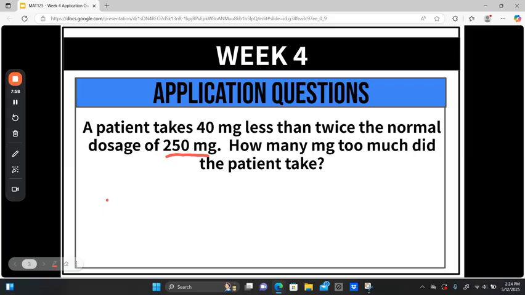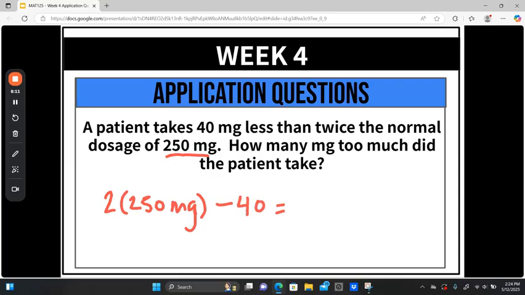So twice the normal dosage we would write as 2 times 250 milligrams. And they took 40 less than that. So when we multiply here, 2 times 250 gives us 500 minus 40 is going to give us 460 milligrams.